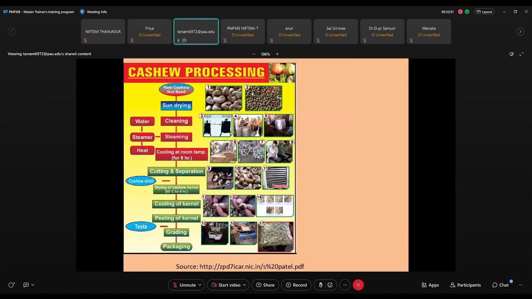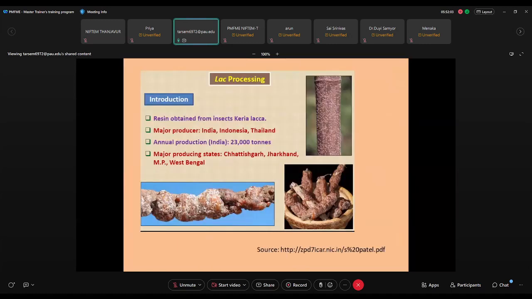Then cashew processing is not a part of that. Then another very minor forest crop is the lac, or the resin or gum which is obtained from the insect lac. Three countries, India, Indonesia, and Thailand, are the major producers.